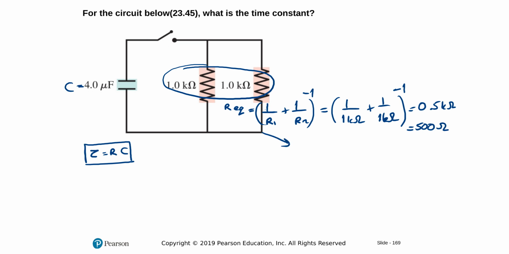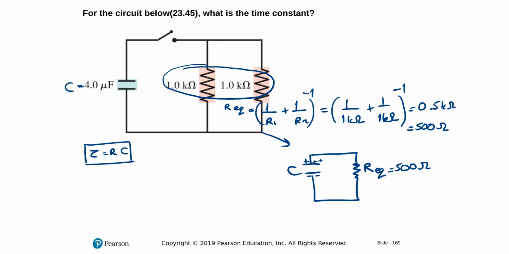Then I can simplify my circuit to one capacitor, one resistor, an RC circuit, right? C, and I'll have R equivalent here, 500 ohm. Whatever charge was on this capacitor will be dissipated over this resistance. This is our equivalent resistance.